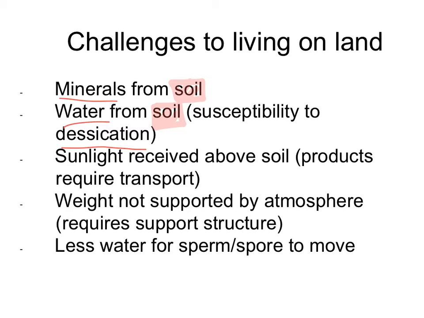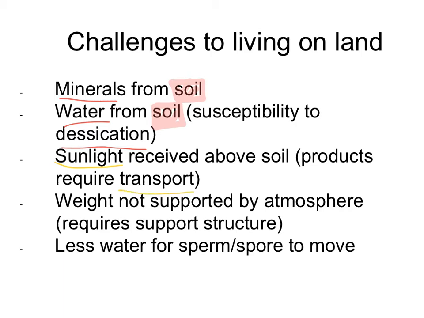Now, the sun is going to be coming from above, which has some benefits. But again, there's that risk of drying out. And in addition to that, there's the question of, well, if I'm performing photosynthesis high up, how am I going to move the products of photosynthesis, glucose, around the body of the organism?